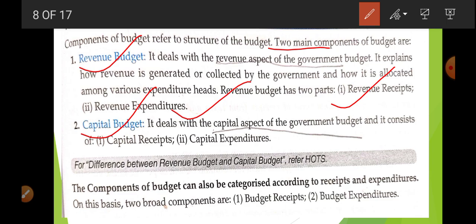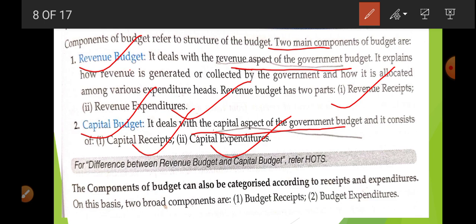In the capital budget, there are also two parts, capital receipt and capital expenditure. Revenue budget deals with the revenue aspect of the government budget. On the other hand, the capital budget deals with the capital aspect of the government budget.